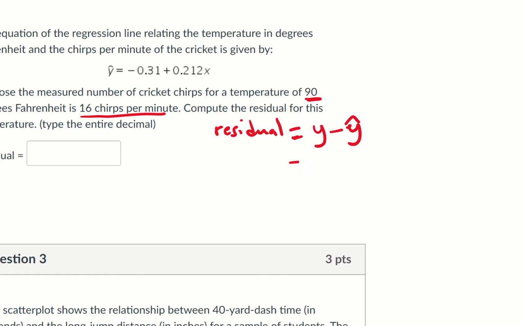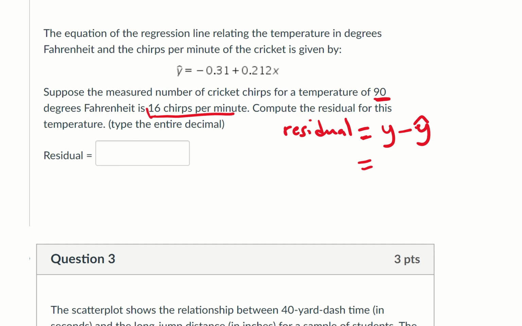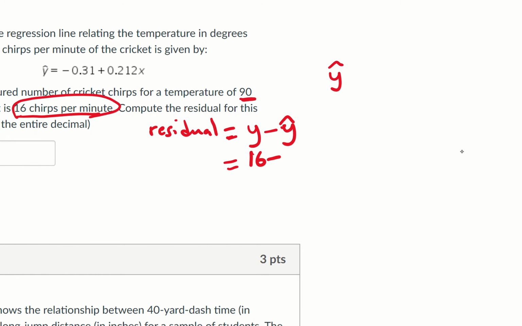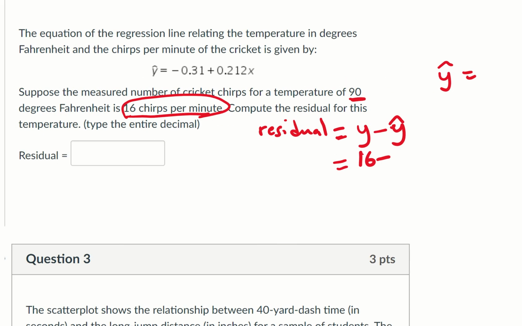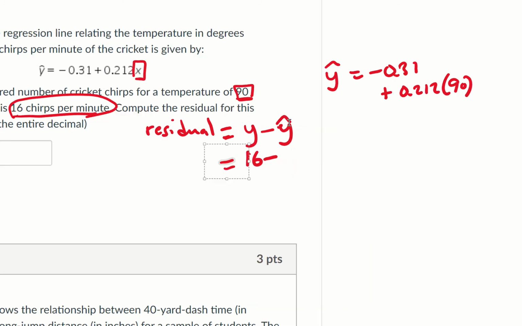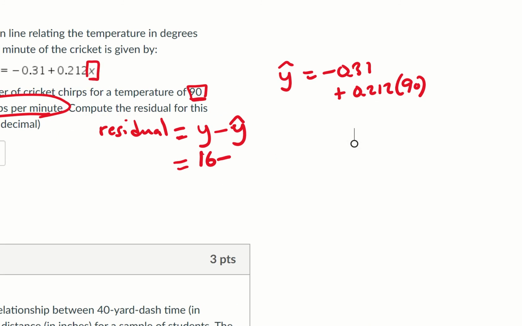And we know the actual value. The actual value is 16 chirps per minute. And to get the predicted value, you're going to have to plug in the temperature. So the temperature is 90, and so that's going to be X. So we'll do that right away. Okay, so go ahead and type that.